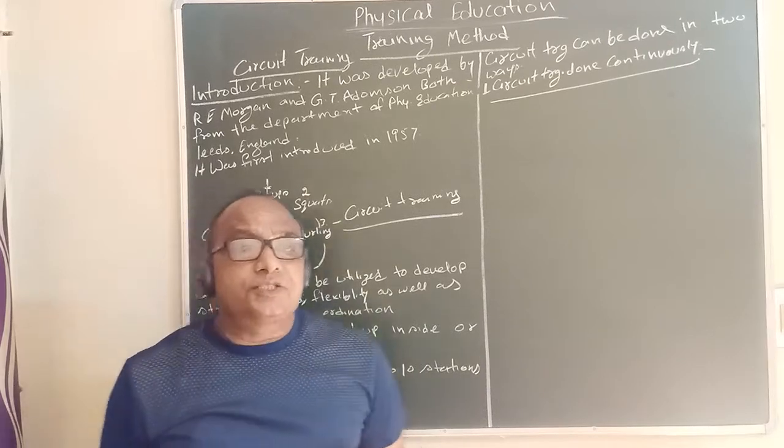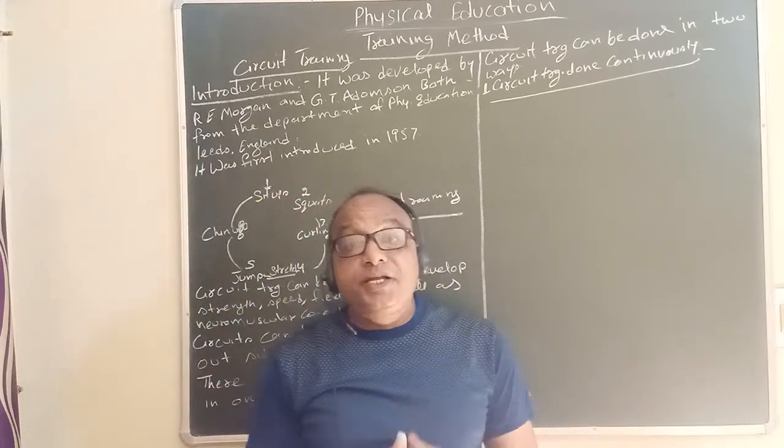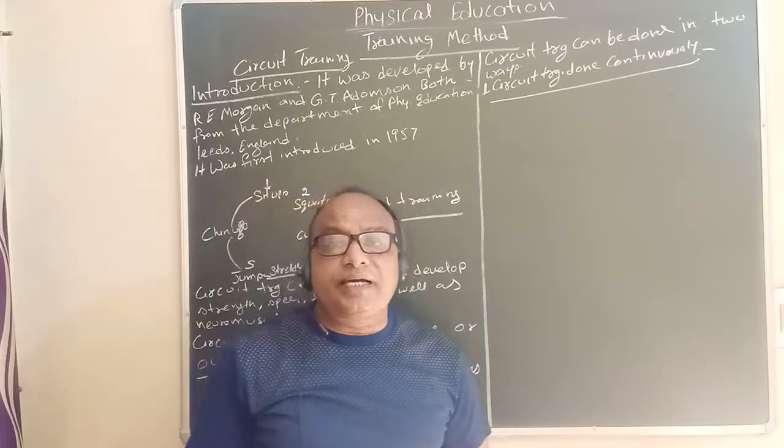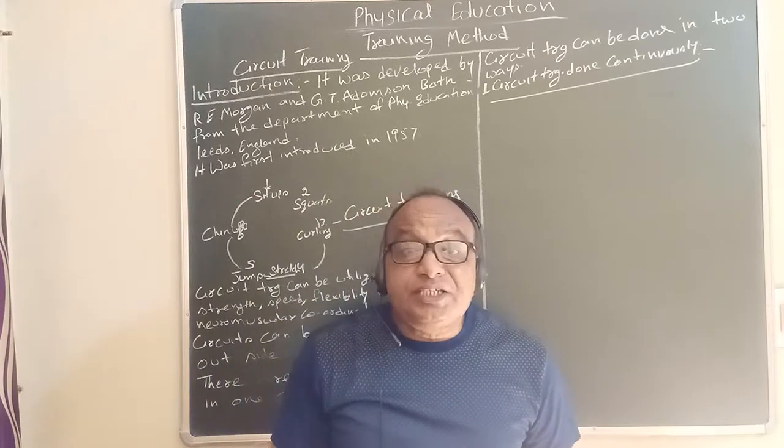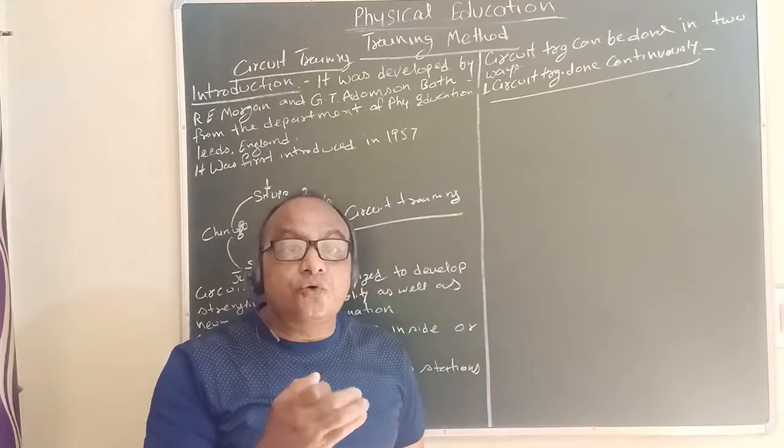What happens in this type? In this type, an athlete performs exercise with the intensity below 60% of the maximum.